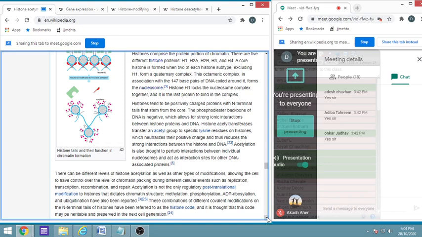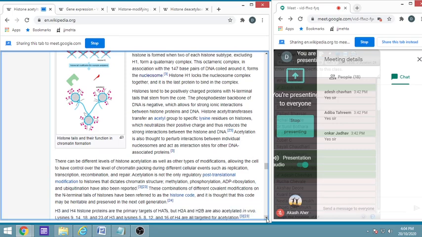Thus the interaction will be reduced, the bonding will not remain strong, and it can be easily uncoiled. Apart from that, we have seen that it forms a particular structure, what we call a bromodomain.